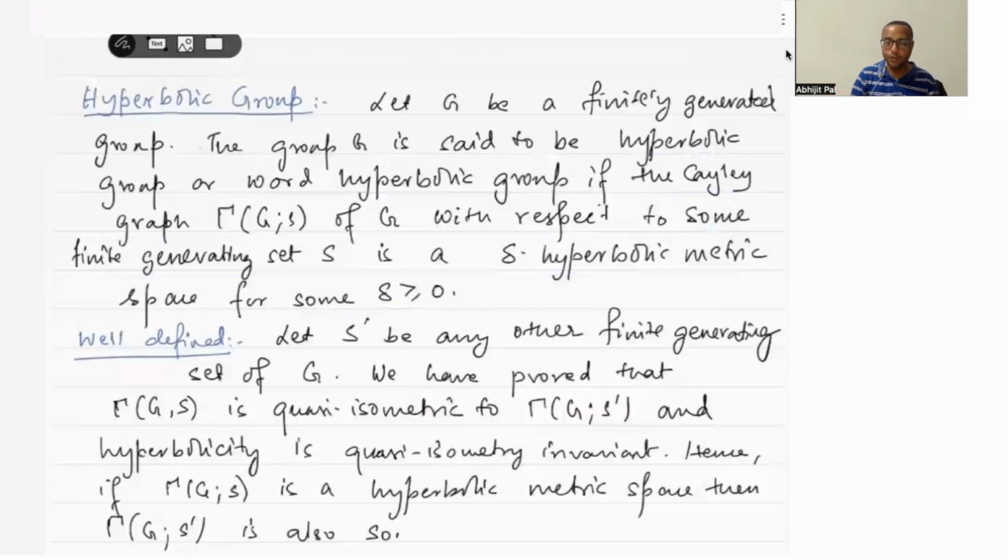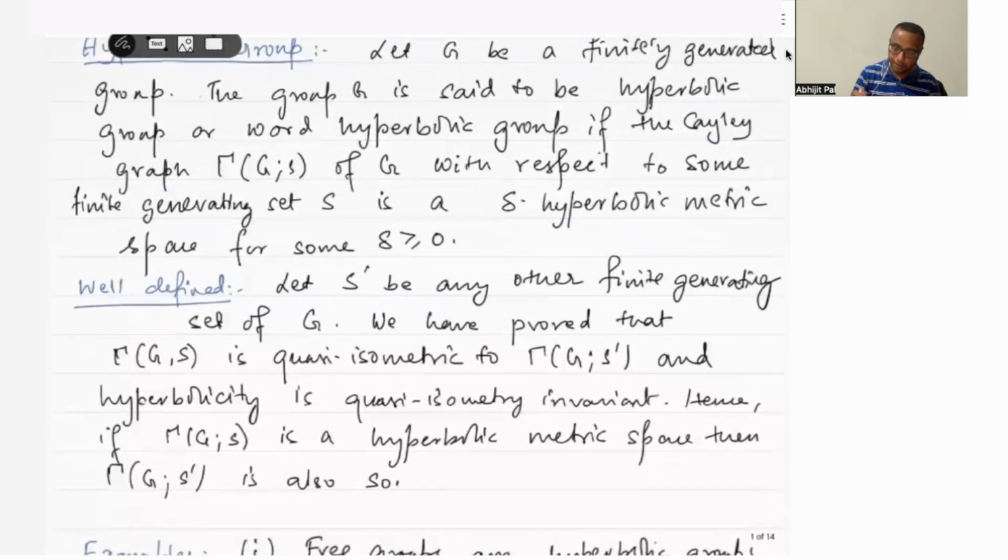Now there is a question of well-definedness. There can be many generating sets of the finitely generated group G. Suppose S prime is any other finite generating set of this group G. We already proved that the Cayley graph of G with respect to S is quasi-isometric to the Cayley graph of G with respect to the generating set S prime.